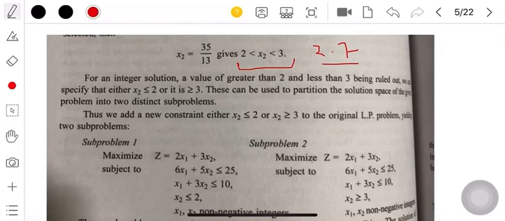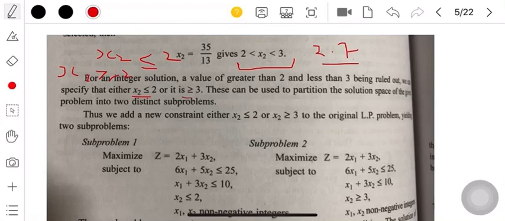We cannot say that the value will be 2 or 3; it can be 1, 0, or it can be 3, 4, 5, 6. So for the integer programming problem solution, the values strictly between 2 and 3 being ruled out, we require that either x2 is less than or equal to 2 or x2 is greater than or equal to 3.